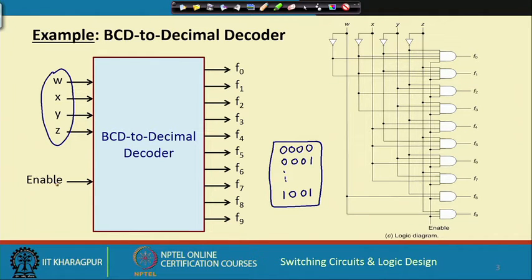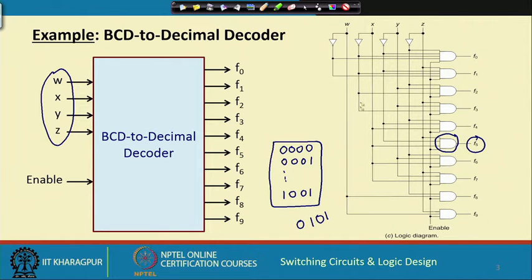Again there is an enable. The way you construct the decoder is exactly the same as a normal decoder. Let us say the gate for this 5. What does 5 indicate? 5 is 0 1 0 1.